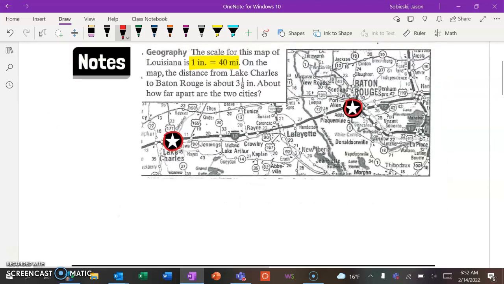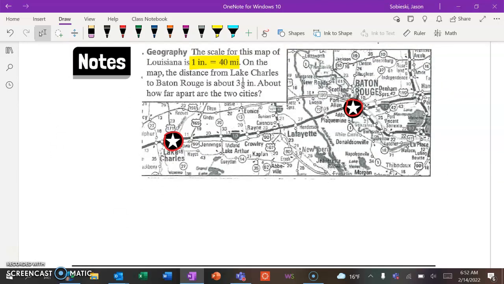So what we learned on Friday, we could make a proportion, a ratio table. So let's set up a proportion. Again, we know a proportion is just two fractions that are set equal to each other. So the first thing we need to do is use our scale. So we know that 1 inch is worth 40 miles.